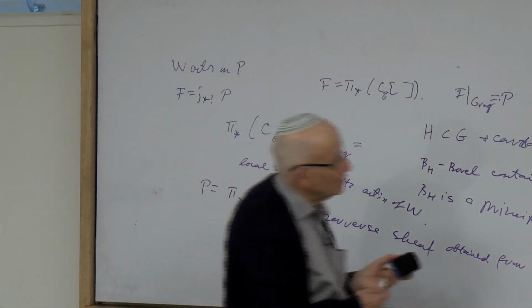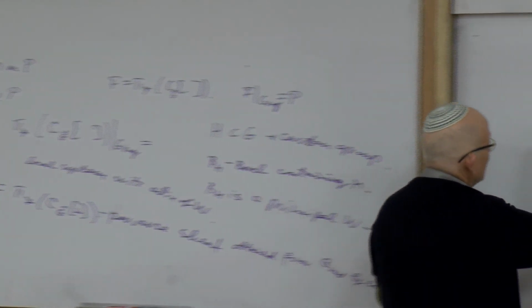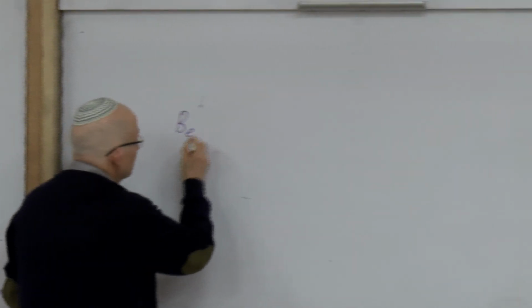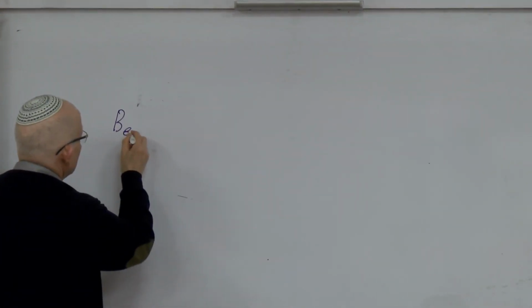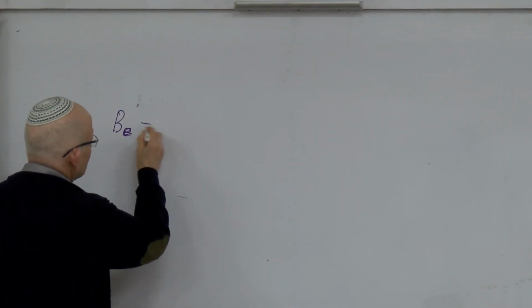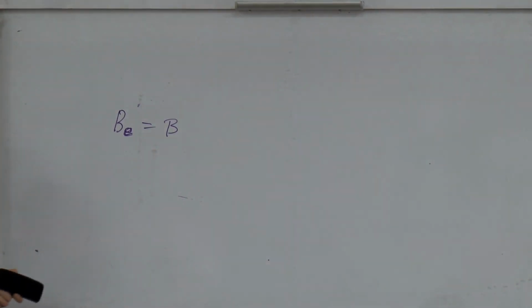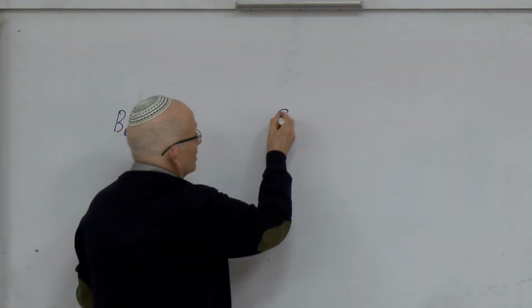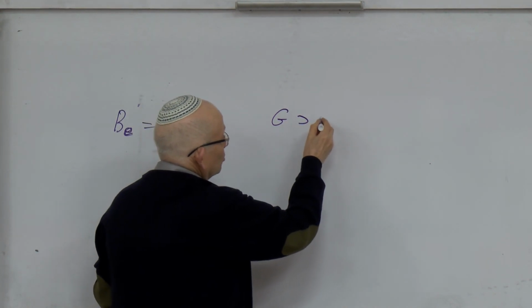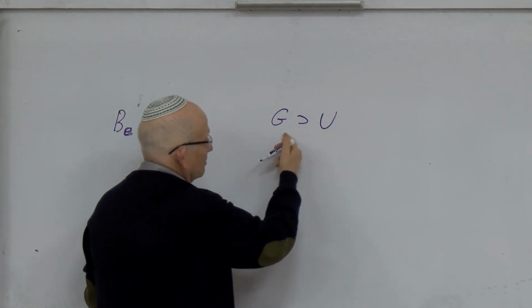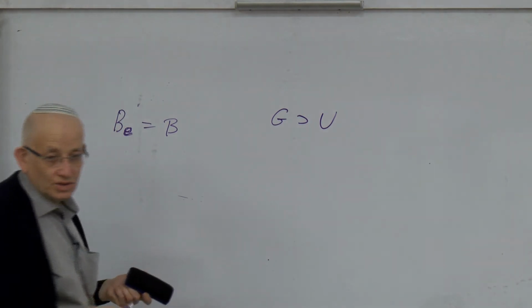Okay, so maybe I will finish by saying that in the case of the unit element, the fiber is just the flag variety B. So the claim is that, for instance, in cohomologies of B, you have an action of W. In this case, I know how to describe it geometrically. The idea is that our group G has a maximal compact subgroup U. So if G is GL_n, U are unitary matrices.